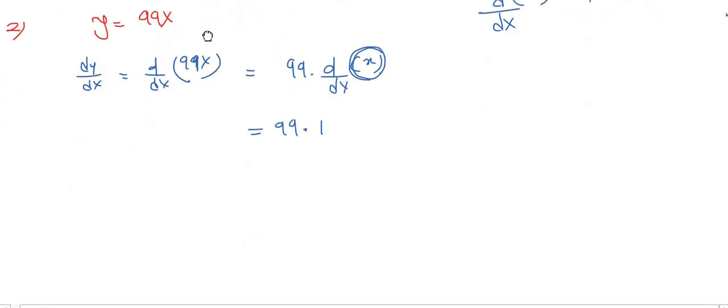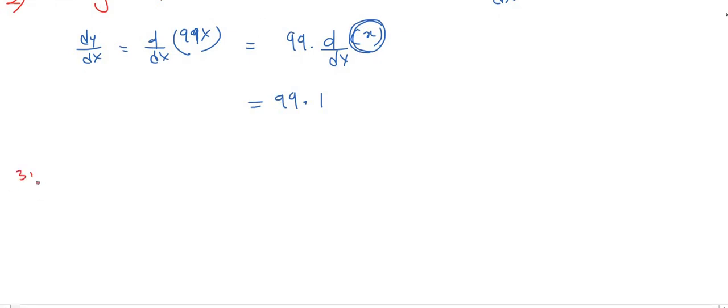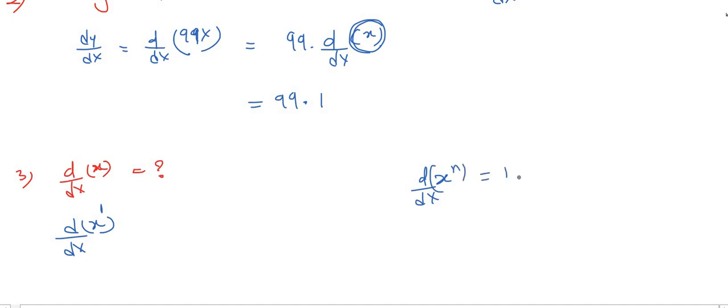Next question we will see, third question. They are saying find the derivative of x. So d by dx of x is what? It will be d by dx of x raised to power 1. If I use this formula, it should be n x raised to power n minus 1.